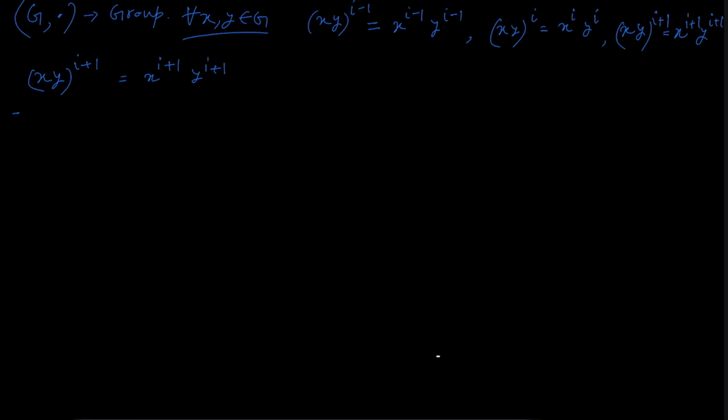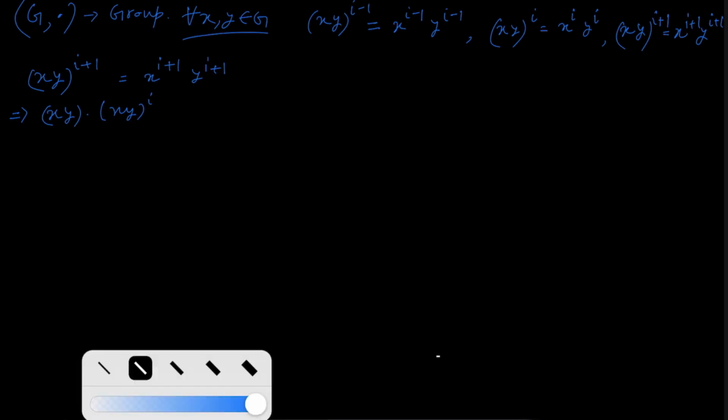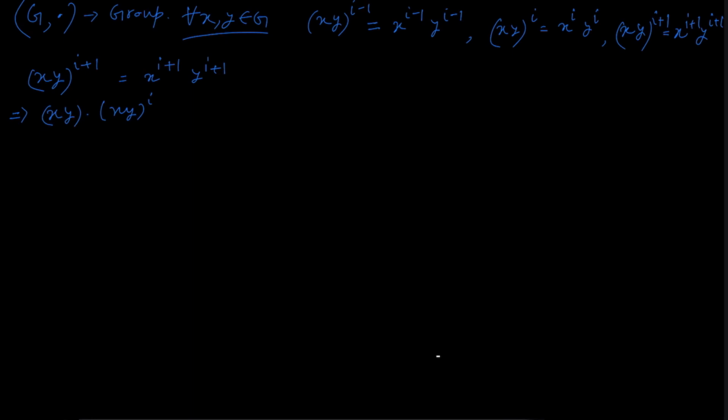From this we can write, this is like xy · (xy)^i. Xy means x·y, and this dot is a binary operation for the group G, and for the right hand side we are writing the same thing. Okay, fine.